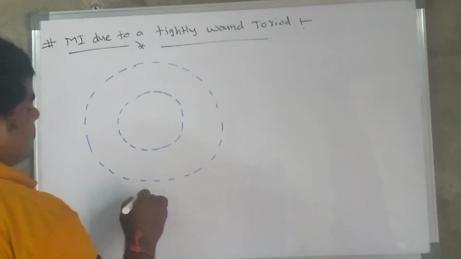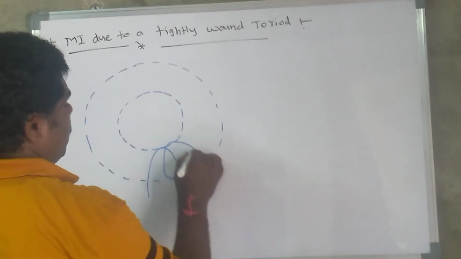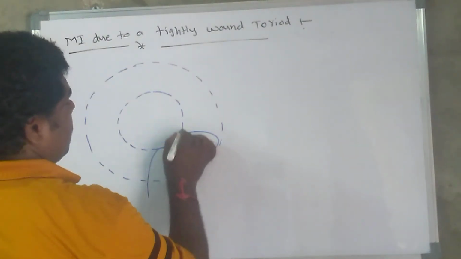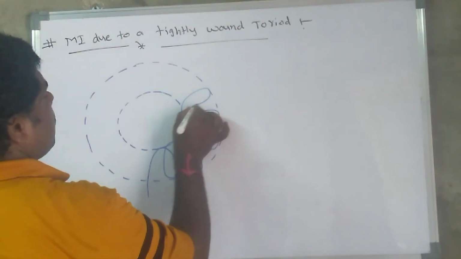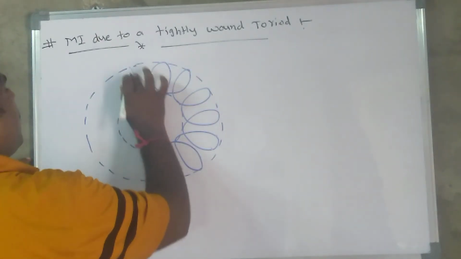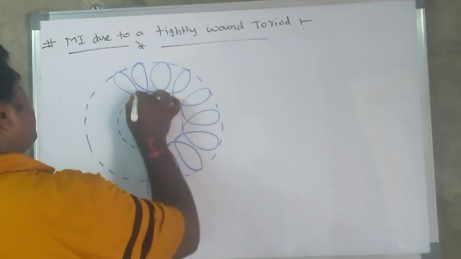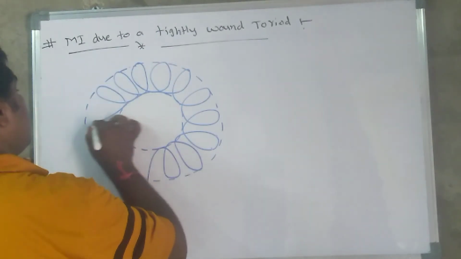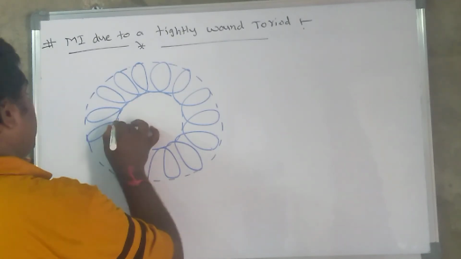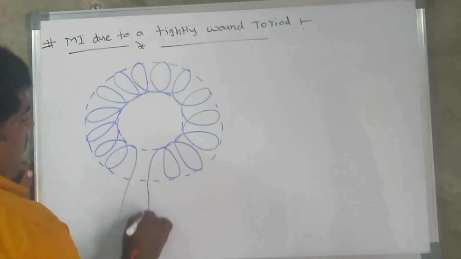This is very tightly wound. The inner radius is a small r, and the outer radius is another radius.